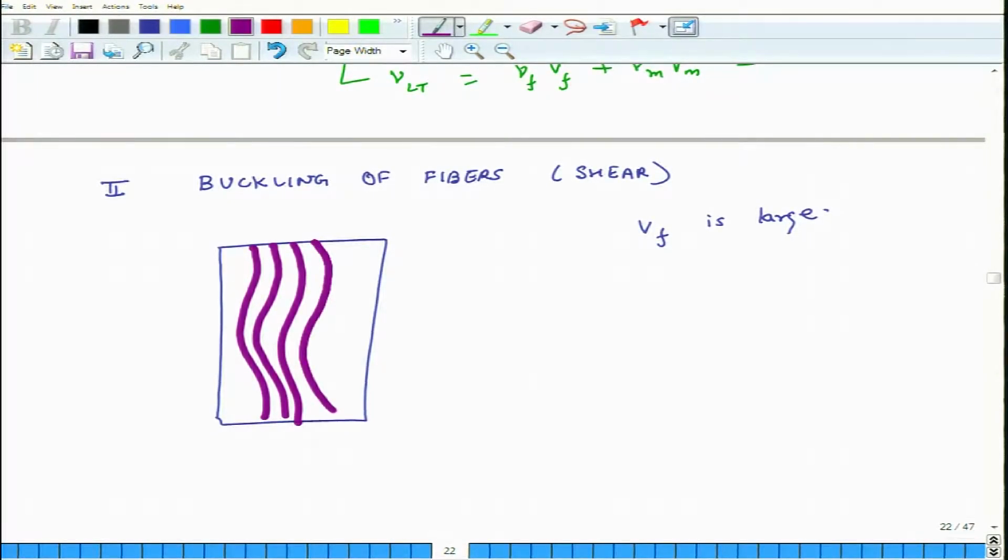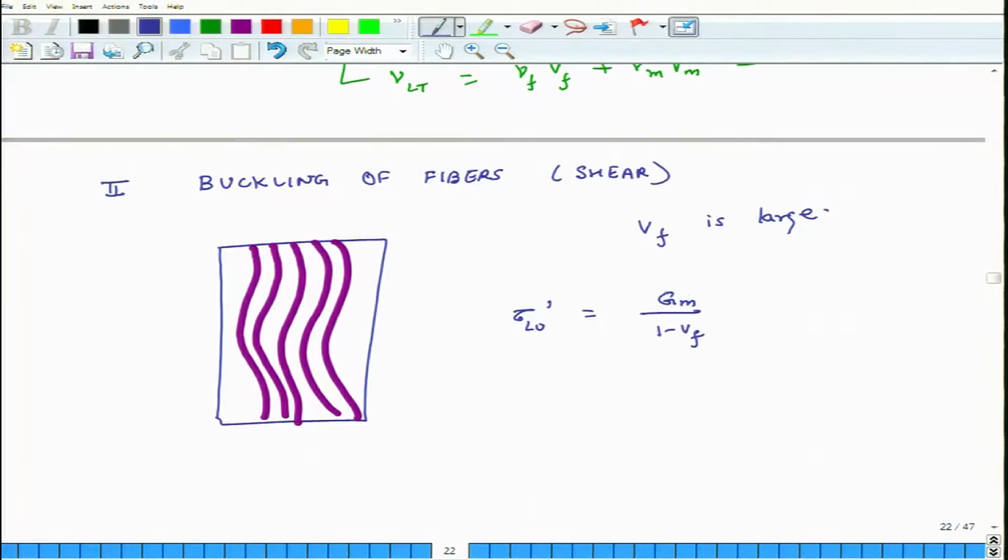The pattern of buckling of all the fibers is something similar, and in this case there is an empirical relation that sigma Lu prime is nothing but Gm over 1 minus Vf.